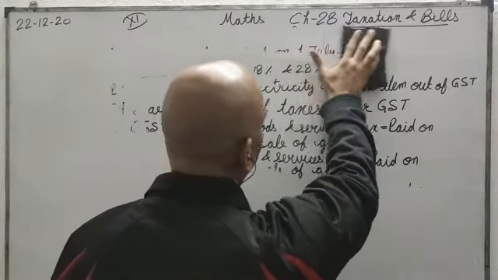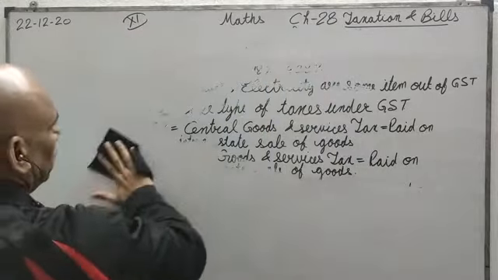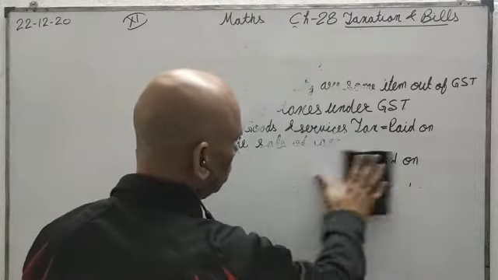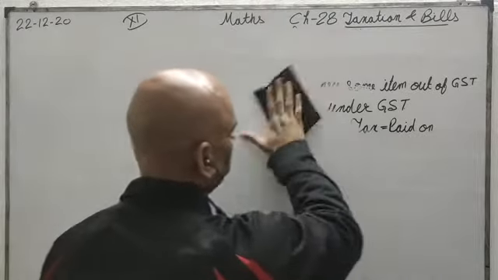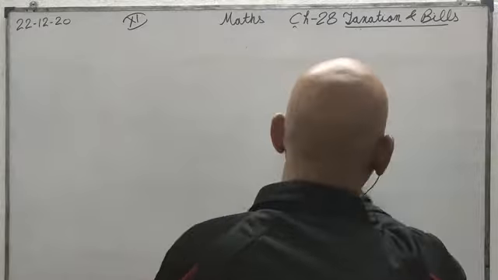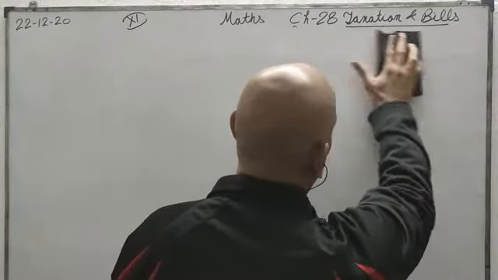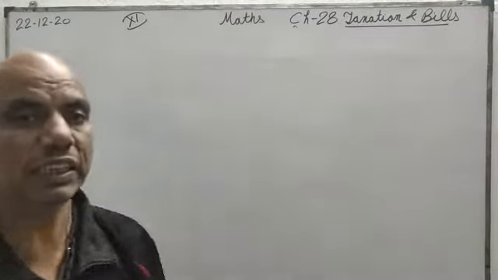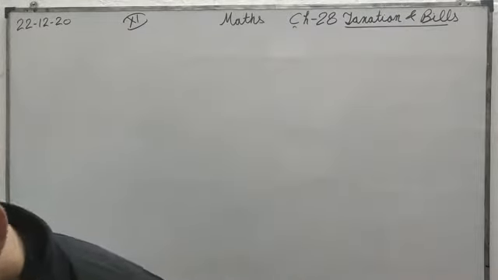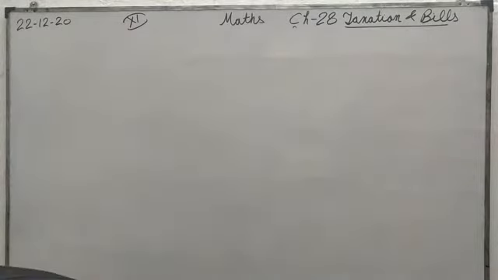The questions will be a bit lengthy, so we may have to use the board twice. Maybe we will not be able to calculate in one board. In this chapter we will study GST as well as income tax, and thereafter something about bills. So here we go, have the first question.